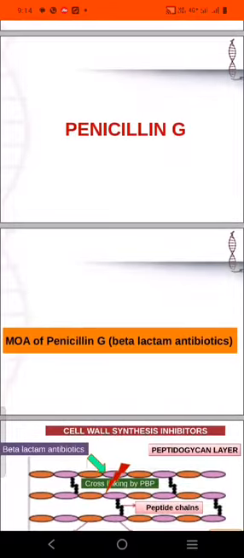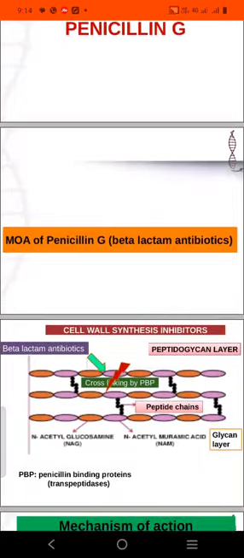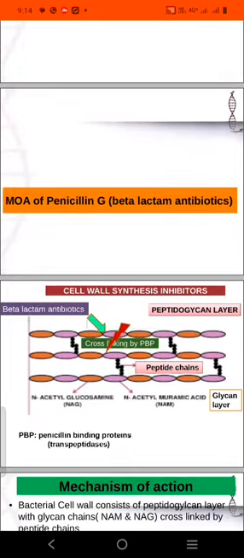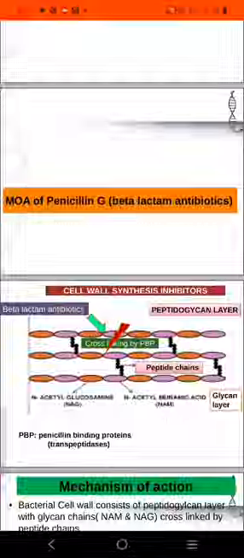So now we will see the detail about this penicillin G. Mechanism of action of penicillin G, if you want to tell it in one word, you can tell it as that it inhibits the cell wall synthesis of the bacteria. So this gram-positive bacteria has a cell wall. It is made up of peptidoglycans and N-acetyl muramic acid.